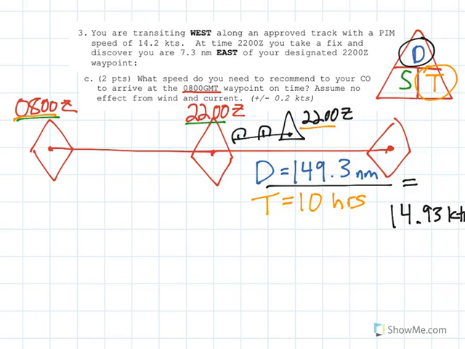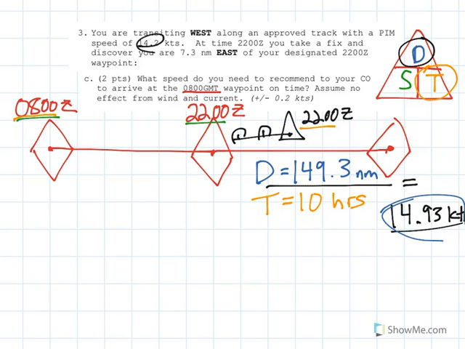We were about 31 minutes behind PIM. In order to regain, we would need to do a little bit more than our PIM speed of 14.2, which, yep, makes sense, 14.93. As far as rounding goes, you can keep this at 14.93, and that can be your answer. If you want to round, do not round down.